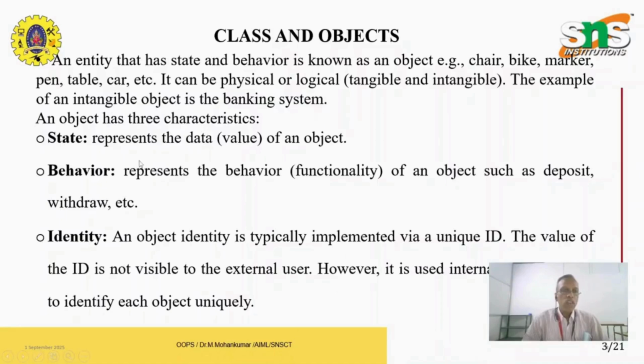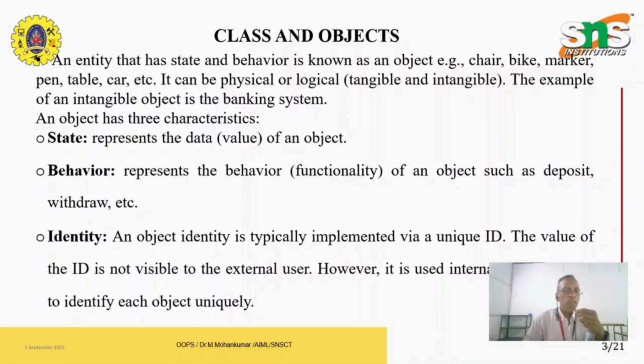One is state, which represents the data value of an object. For example, a pencil has some data, such as numbers or HP grades, and based on the tip of the point we identify the quality of that pencil.